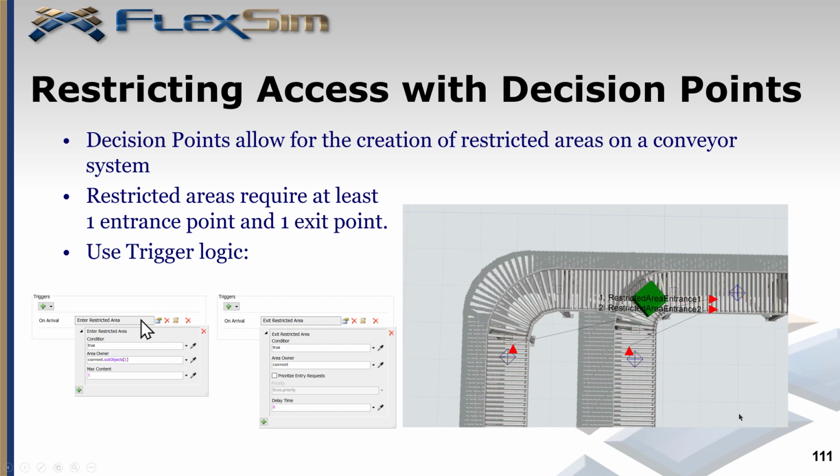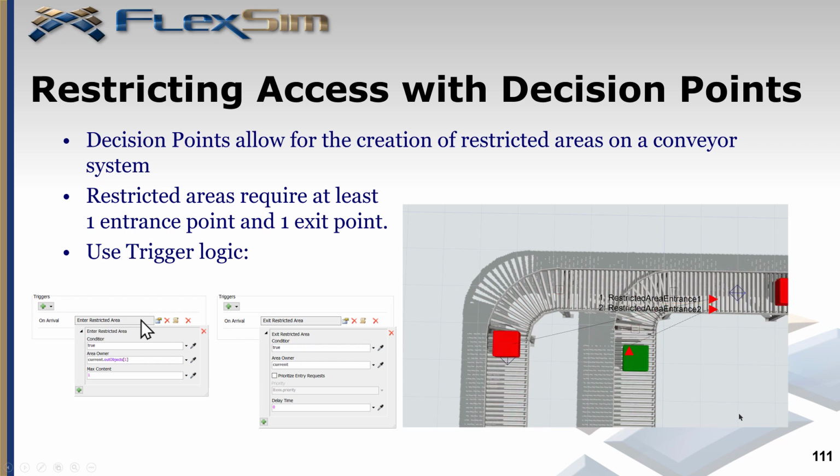Using this pick list option, the decision point will request access to the merging conveyor, which is our restricted area, for every arriving flow item. If the requested area is not available, the decision point will hold the flow item until the area becomes available. So a very powerful pick list option that manages quite a bit of logic behind the scenes.